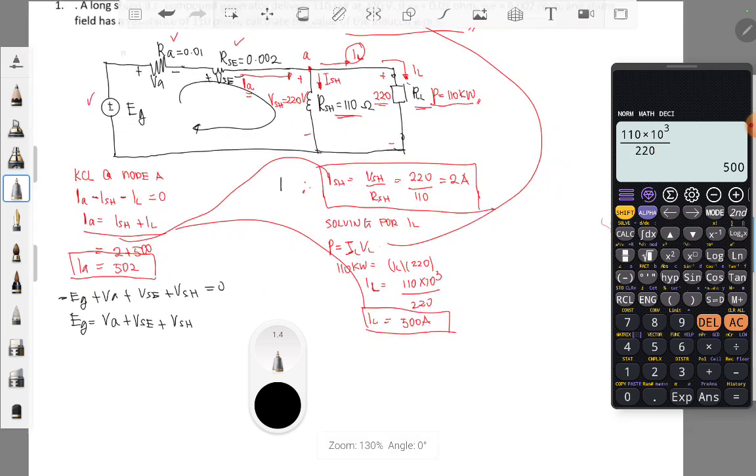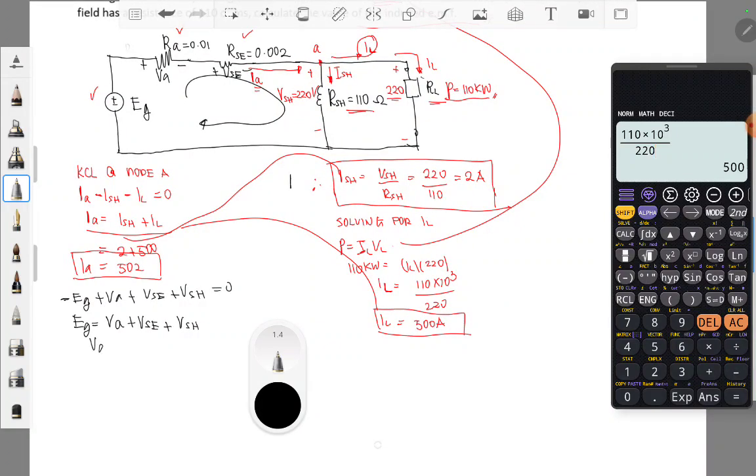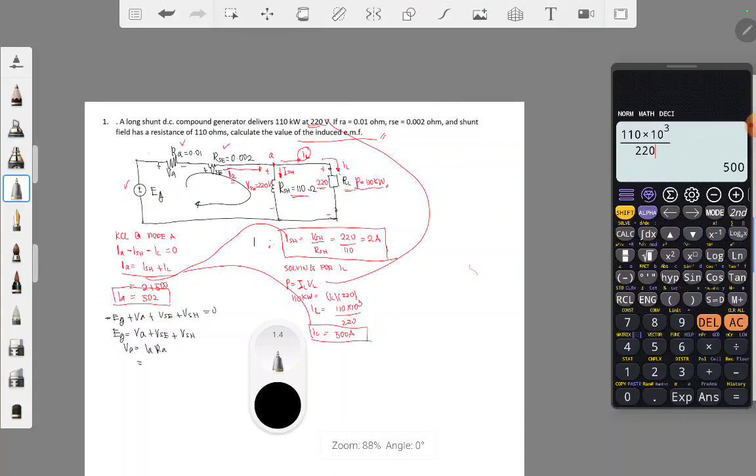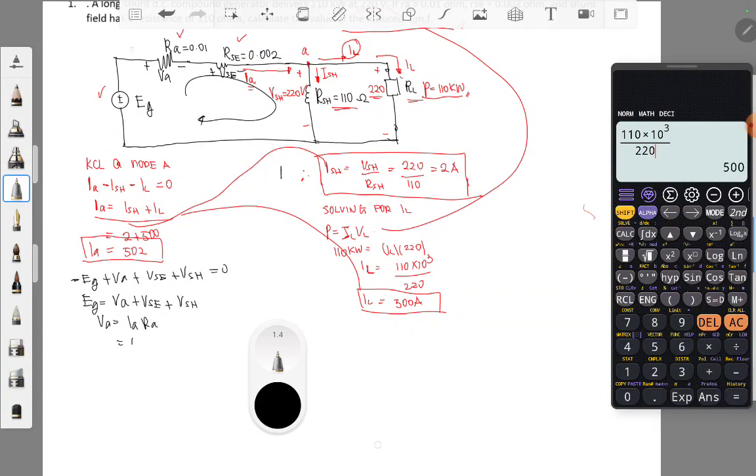But what is my VA? Note that my VA is equal to my IA multiplied by my RA, and my IA is equal to 502 ampere. So we'll have 502 multiplied by my RA, which is equal to 0.01.